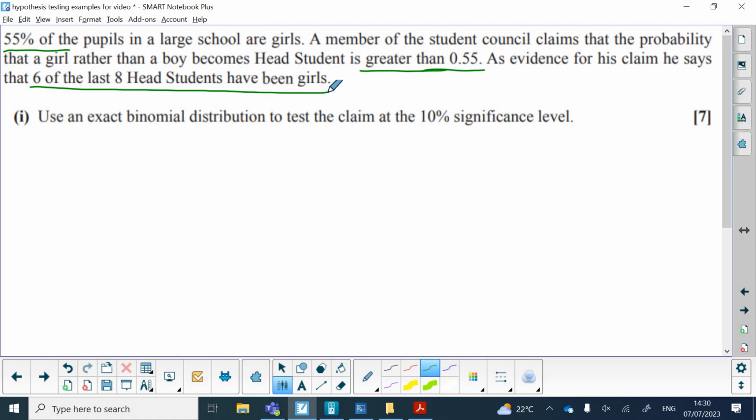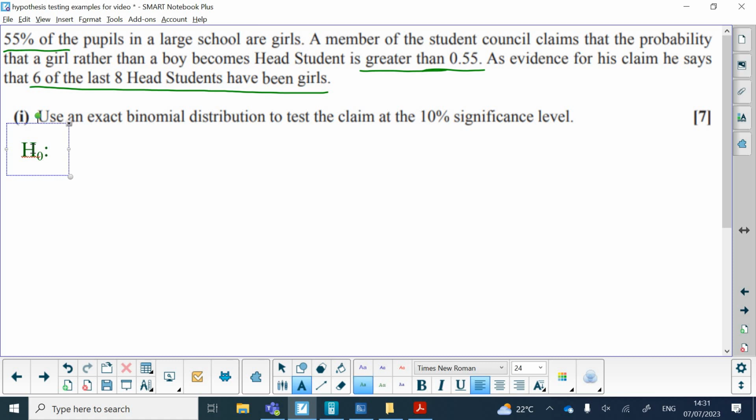So as ever, we start with our hypotheses. So let's go. Our null hypothesis is the boring option, which is that it's no different from 0.55, so the probability is 0.55.